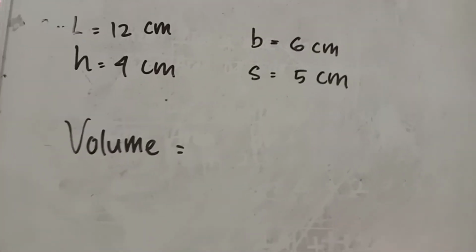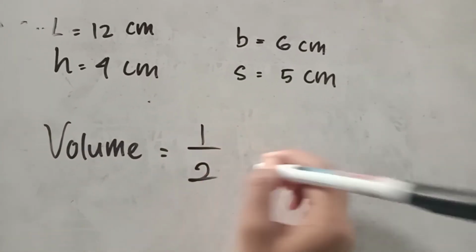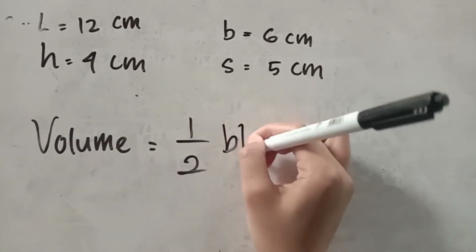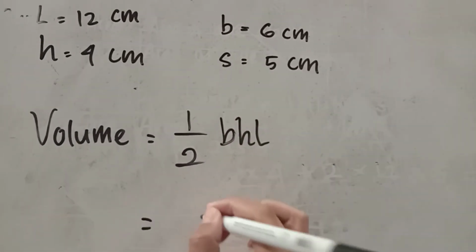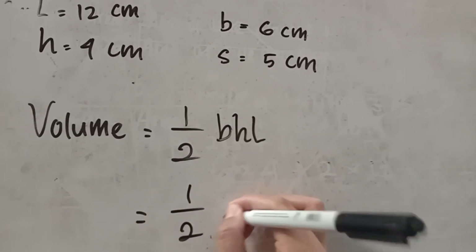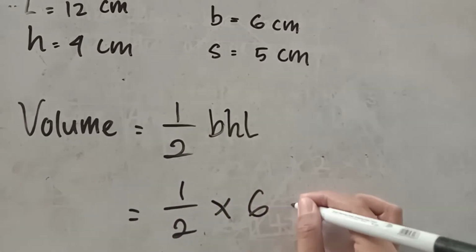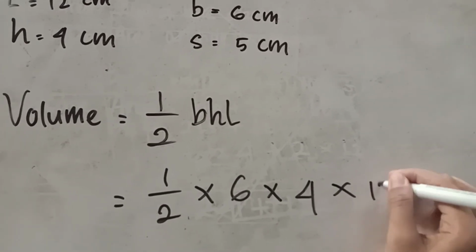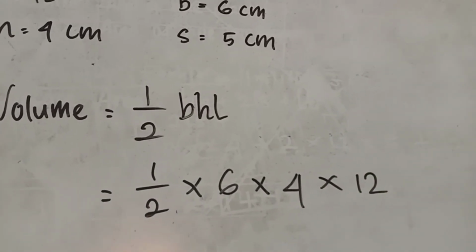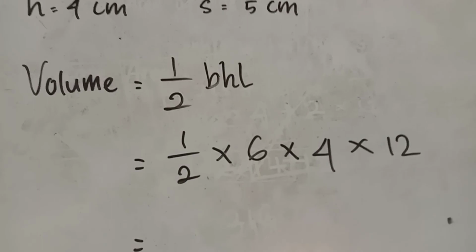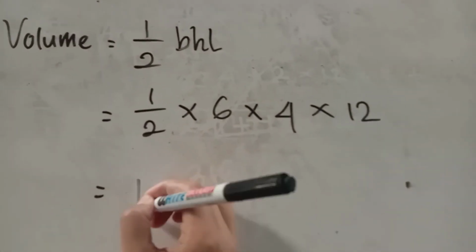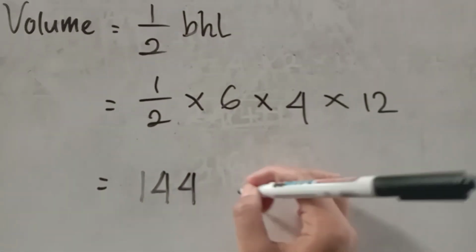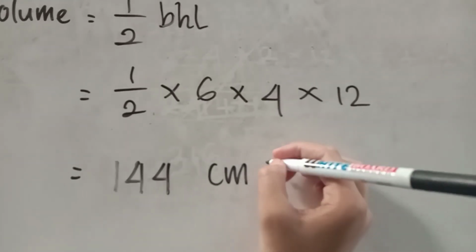Volume is 1/2 BHL is 1/2 multiplied by 6 multiplied by 4 multiplied by 12 is 144 centimeters cubed.